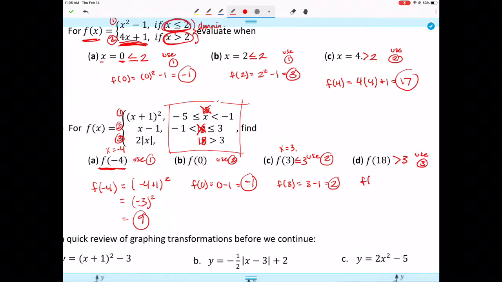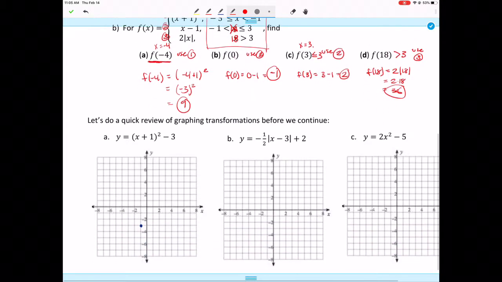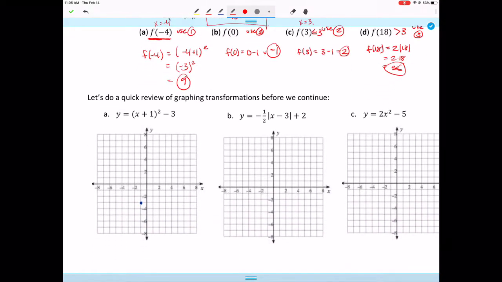So f of 18 equals 2 times the absolute value of x, where x is 18. Absolute value of 18 is 18, gives us 36. All right? So hopefully that's all right. Come back and ask questions if you have any.